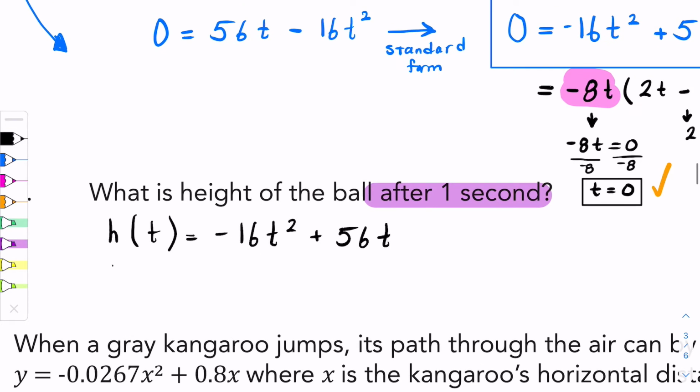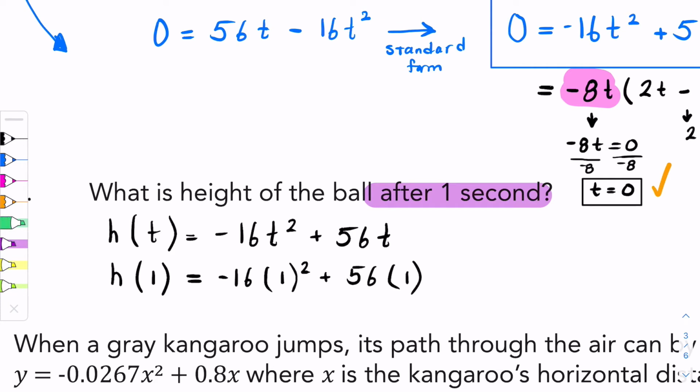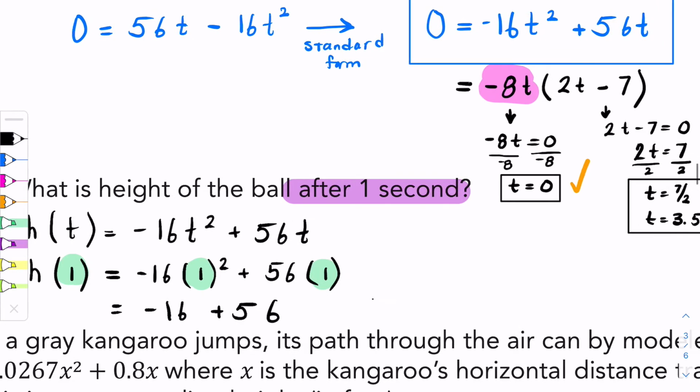I am going to substitute the time of 1 second into this function. So I am replacing all t values with 1. When I simplify this, I have negative 16 plus 56. Negative 16 plus 56 is equal to 40.